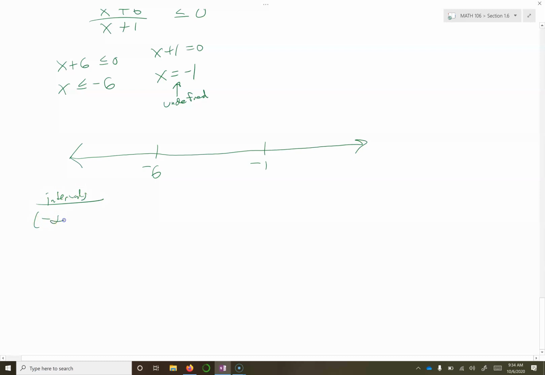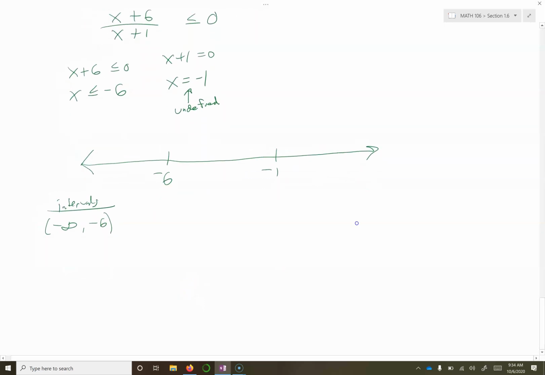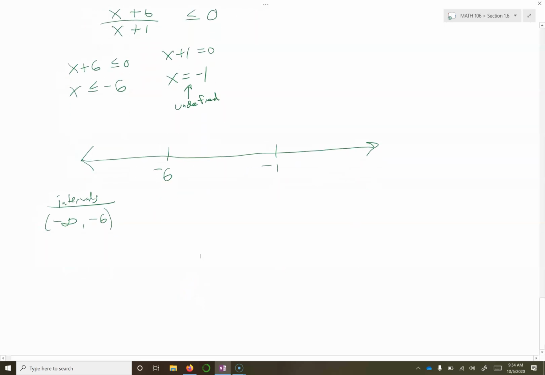We have negative infinity to negative 6. Even though I have less than or equal to here, I don't want to put in negative 6 here because I know that's going to be part of it. Then negative 6 to 1, again parentheses, and then 1 to positive infinity. There are my intervals. Let's get some test values.